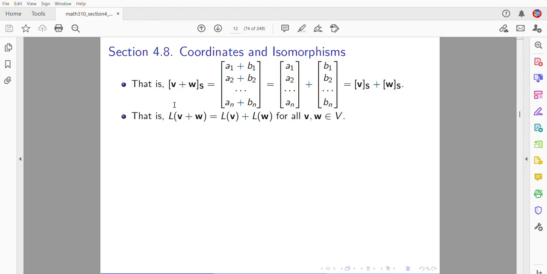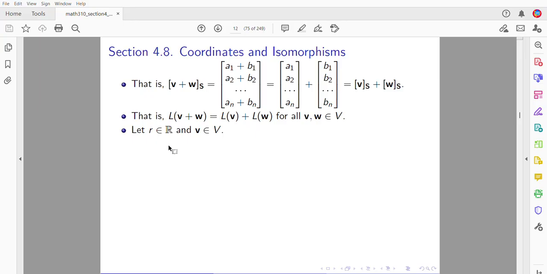So L respects vector addition. It takes two vectors, adds them within V. What is the result equal? It's as though L gets each vector separately and then we add in the column space.